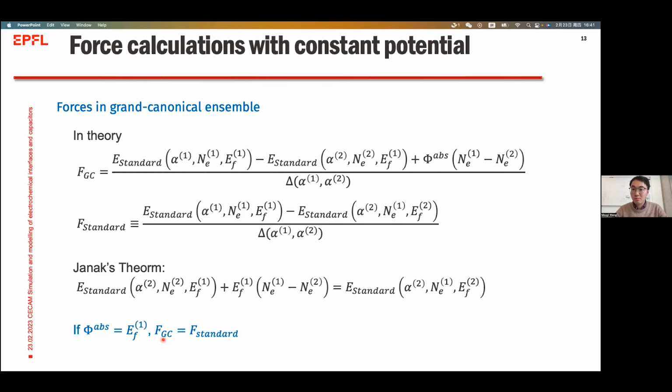So we can perform a grand canonical DFT simulation with the number of electrons changing and with a set electrochemical potential. And we can solve the atomic force by the standard Hellmann-Feynman theory in DFT calculations.